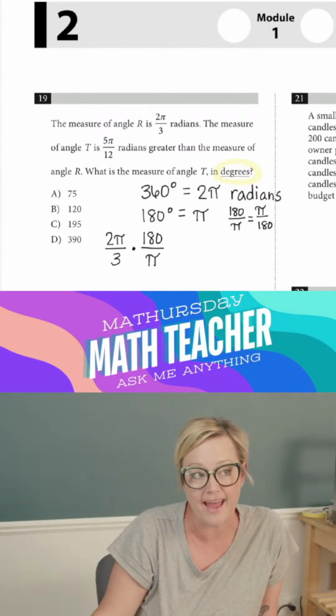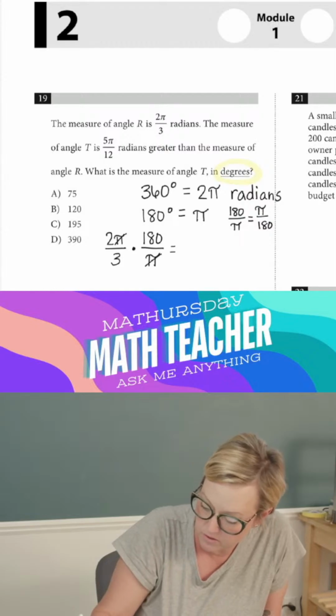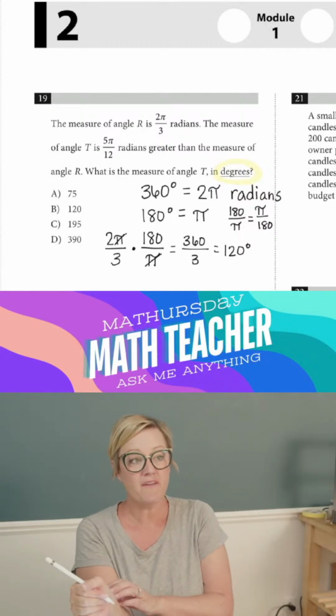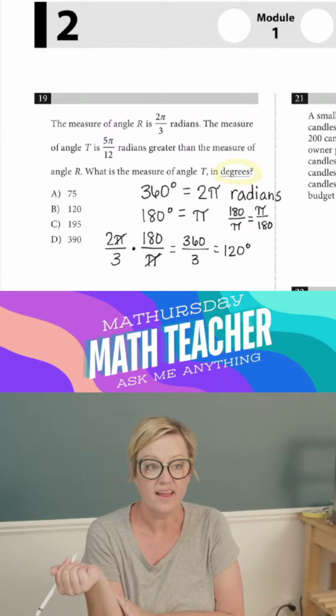The pi values cancel out, so I've got 360 over 3, which is 120 degrees. So the measurement of angle R is actually 120 degrees.